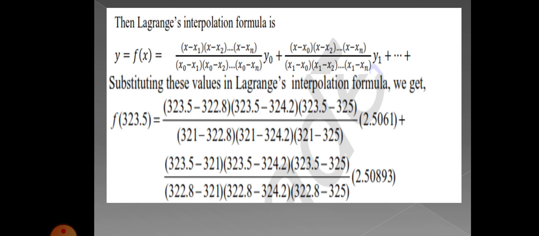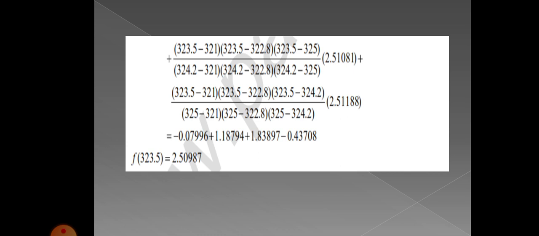What we have to find is f of 323.5, which was asked to be found by using the Lagrange's formula. So for that, I am applying directly the x value as 323.5, and similarly the remaining values x0, x1, x3, and y0, y1, y2, y3 are assigned here, and finally it was concluded as 2.50987 as the final value.